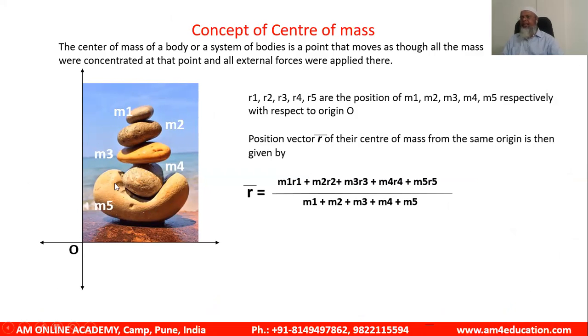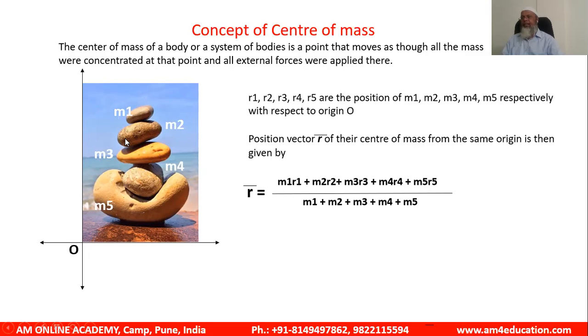If you consider all these 5 stones as one particular body, there is a point inside this body where the whole mass is supposed to be concentrated. If we apply the force on that particular point, this body will start moving. Okay, that's the basic concept of center of mass.